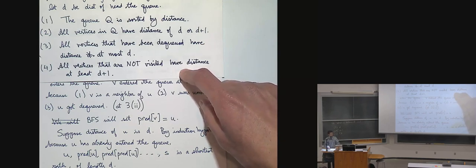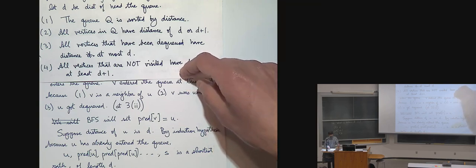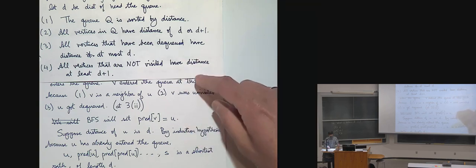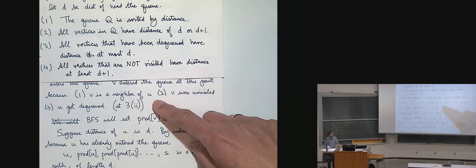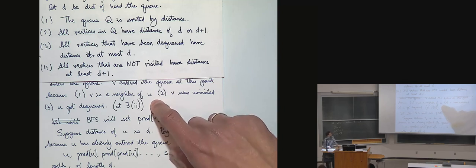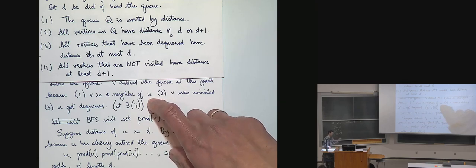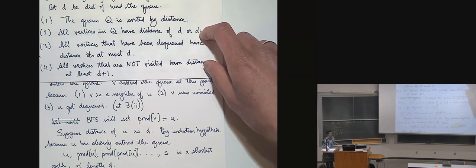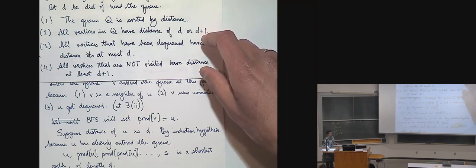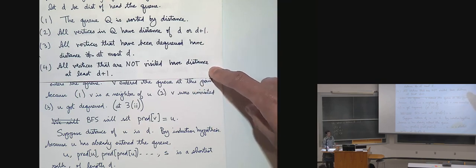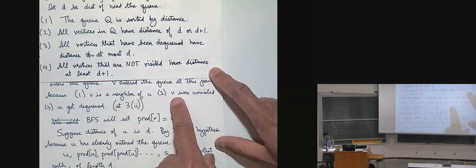Yeah. If U is DQ'd and V is a neighbor of U, that means, you don't know. The things in the queue could have D or D plus 1. But if the parent node was DQ'd already, doesn't that mean? It's just 4, right? Because if you look at 4, it says V was unvisited.